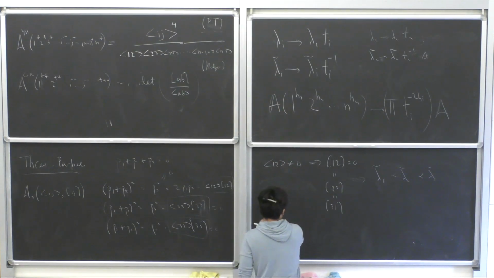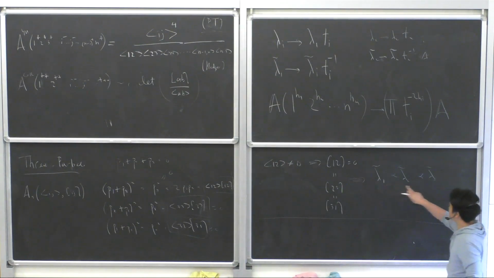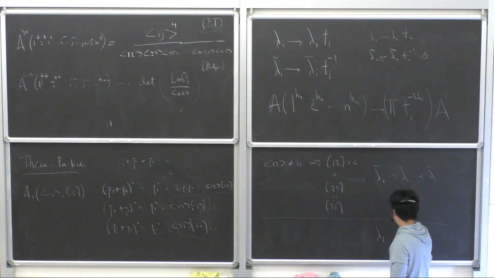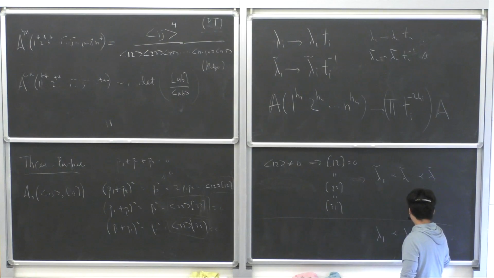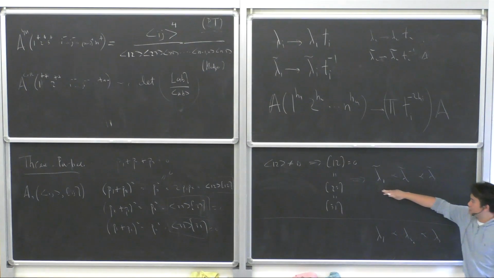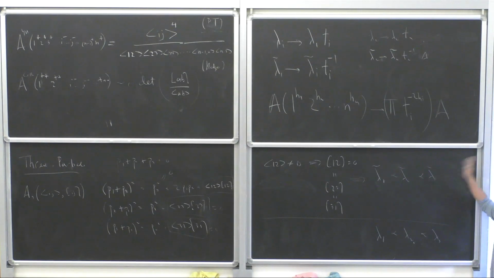So this is one branch of solution, where the lambda tildes are parallel to each other. There's another branch where lambda 1 is proportional to lambda 2 is proportional to lambda 3. In one branch, these are all parallel, but the lambdas are unfixed. In the other branch, it's the opposite: these are all parallel, but the lambda tildes are unfixed.